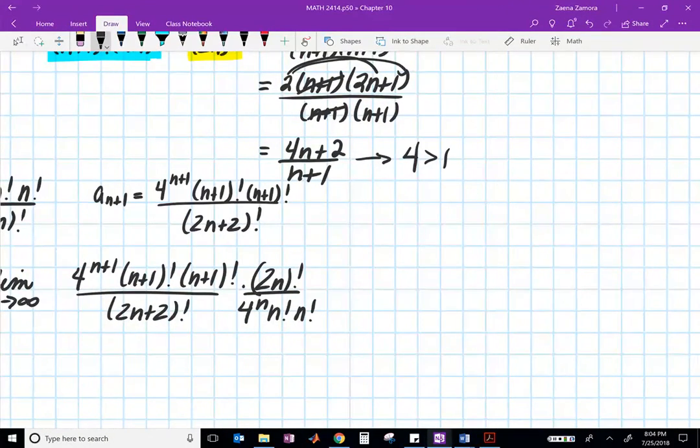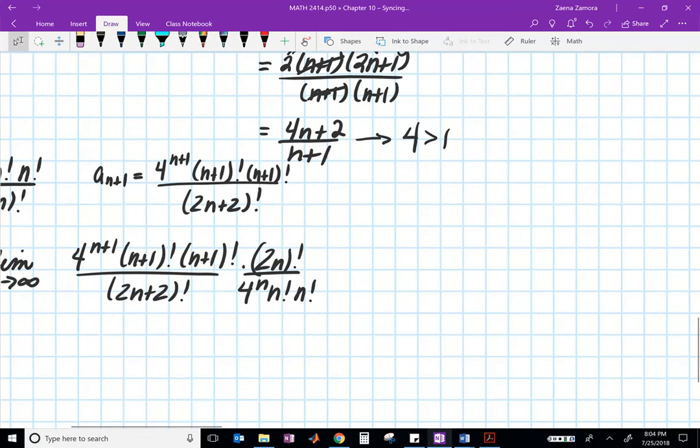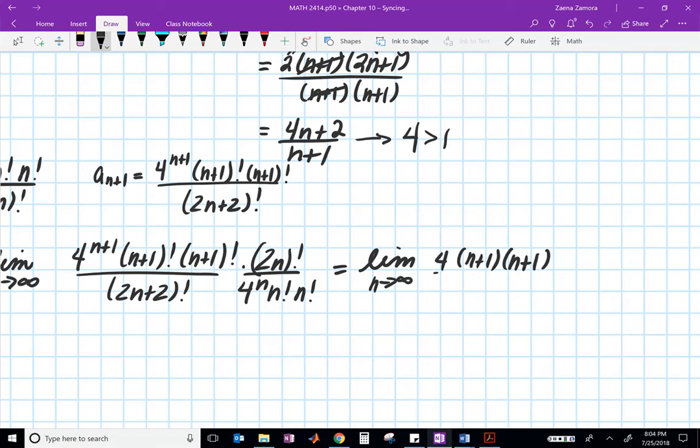But we also have to be careful with this, right? So what's going to happen with the 4 to the n plus 1 divided by 4 to the n? What am I going to be left with? 4, where? On the top. So this is going to be the limit as n goes to infinity of 4 times what is left on top, n plus 1, n plus 1, and then divided by 2n plus 2, 2n plus 1.